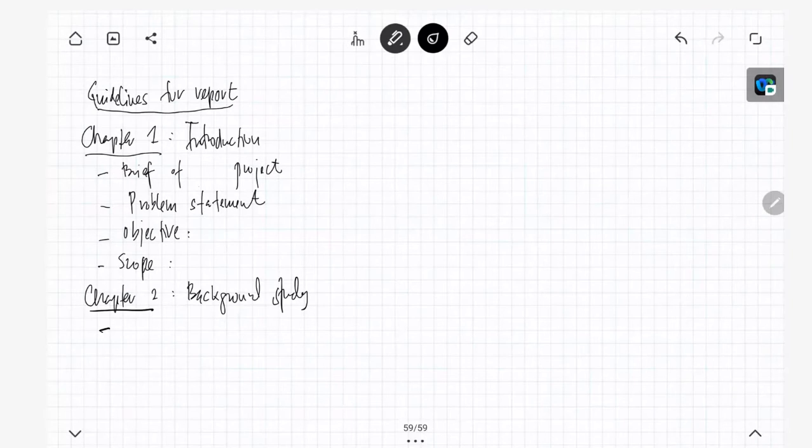So, for example, regarding the pineapples, regarding the machine, the existing machine. So, any information regarding your project, relevant or related information.